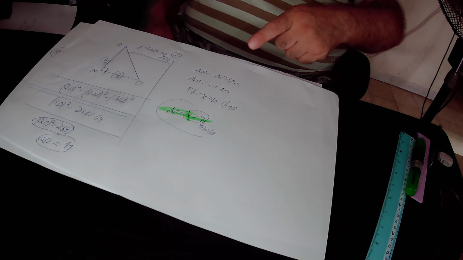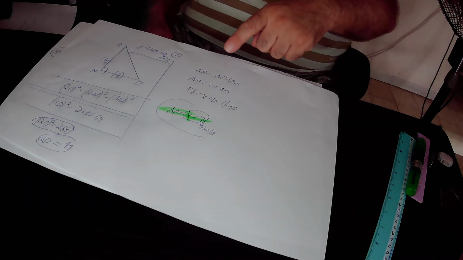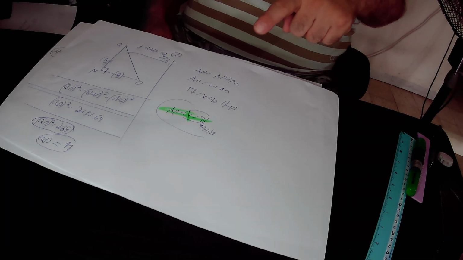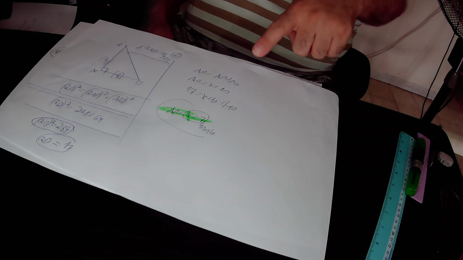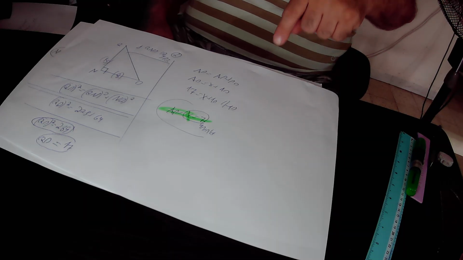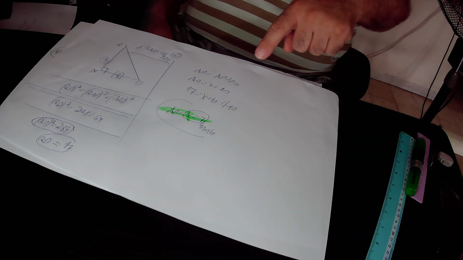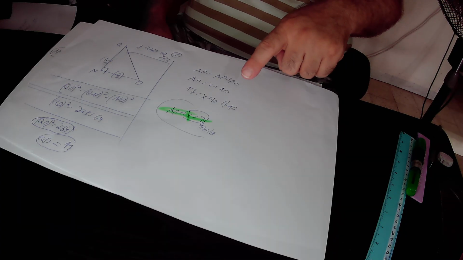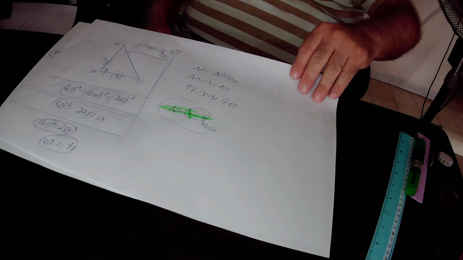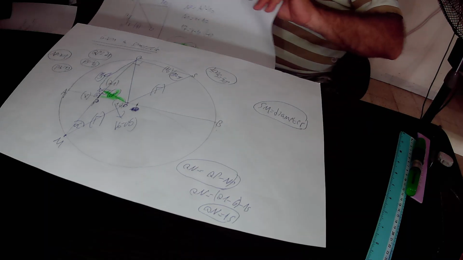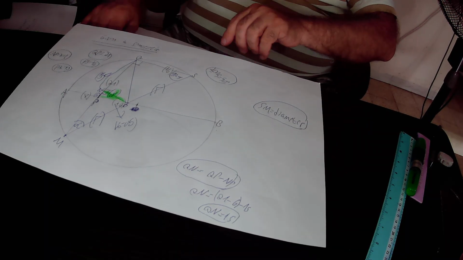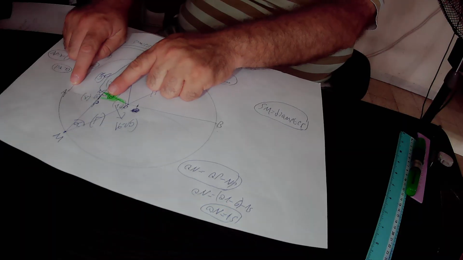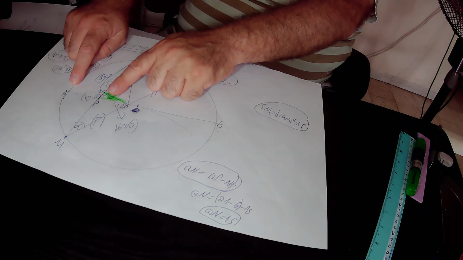So in total, AO equals X plus 10. AO is the radius, that is 17. So we found out that 17 equals X plus 10. Here we subtract 10 from the equation and find out that X equals 17 minus 10, that is 7. So the length of this line segment AP, which equals X, is 7 units. Okay, thank you very much.